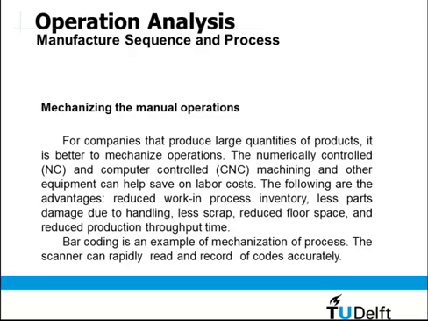We also obtain less scrap, reduce floor space because of the reduction of labor, and reduce production throughput times. Barcoding is an example of mechanizing a process. The scanner can rapidly read and record codes accurately.